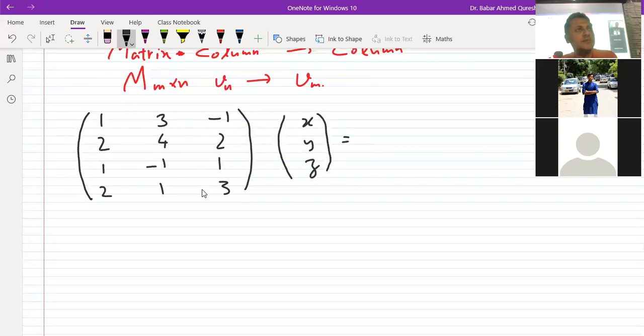I know I'm multiplying a 4 by 3 matrix with a three-dimensional column, so I must get back a four-dimensional column.